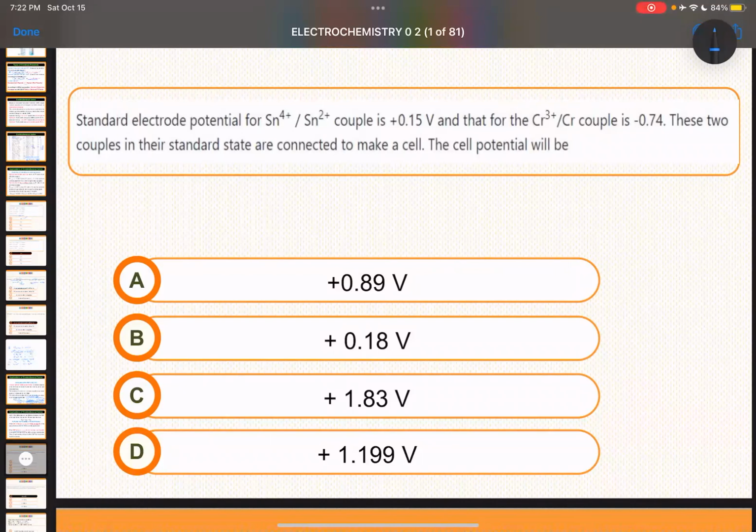For tin it is given, for chromium is given, both are reduction potentials. Okay, and when they are connected to one another to make a cell, what's going to be the value of the voltage of the cell?